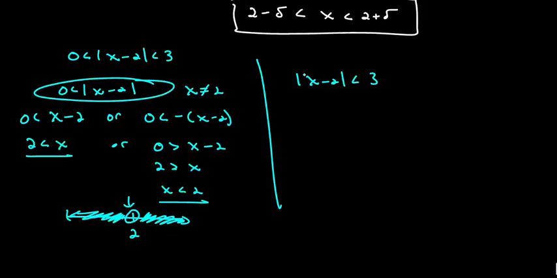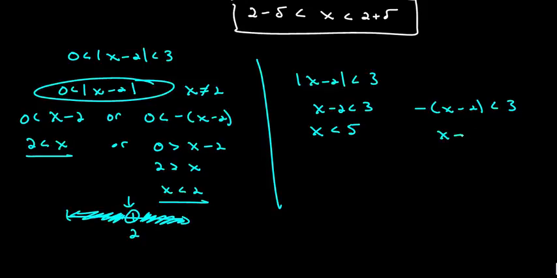Well, again, if we take a look at this, we can do this out algebraically, I'll do it out in a graph in a second. This means that either x minus 2 is less than 3, or negative x minus 2 is less than 3. And if we do the math here, we end up with x less than 5.